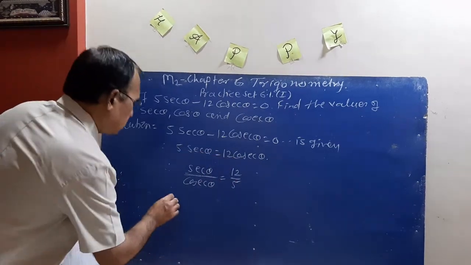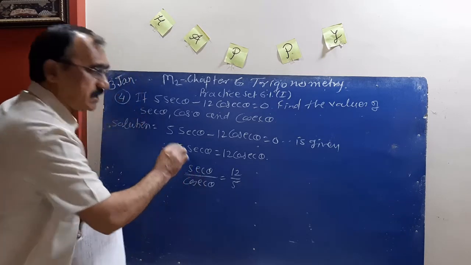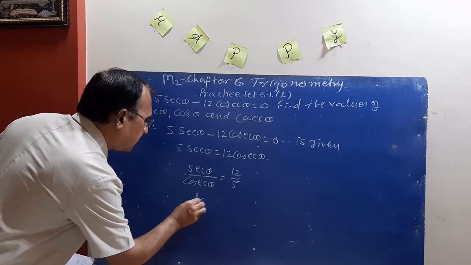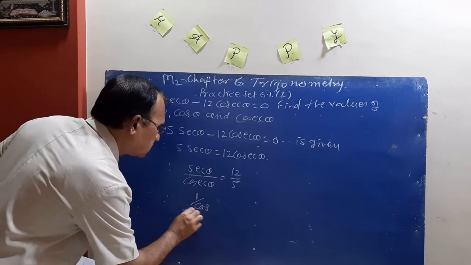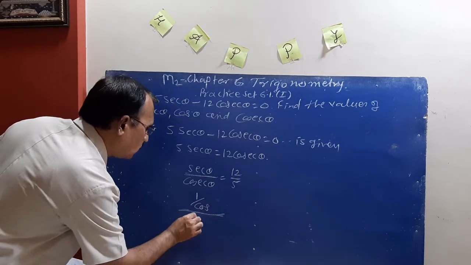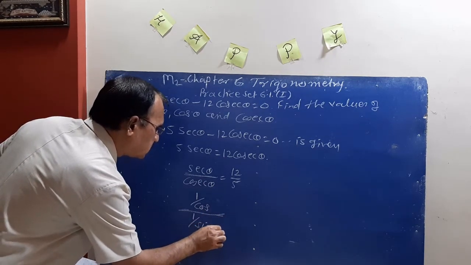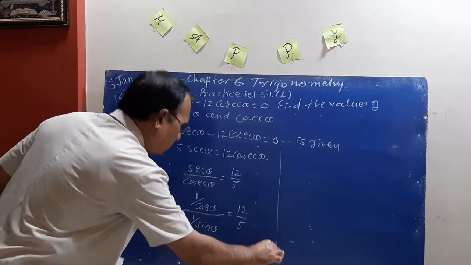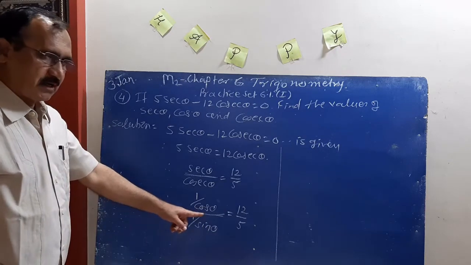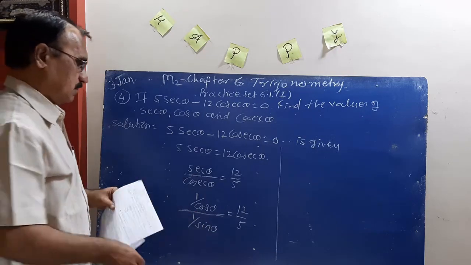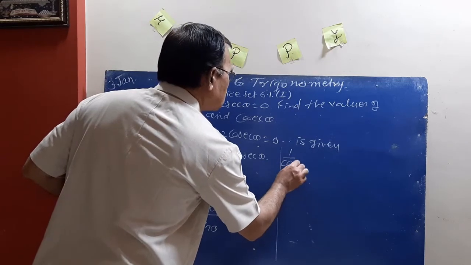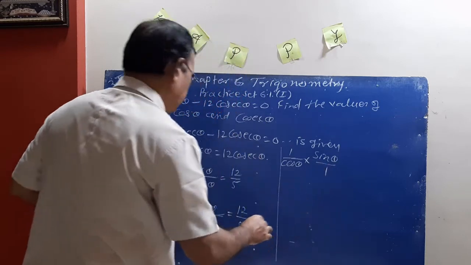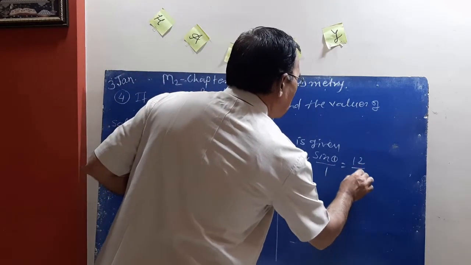Now here sec is the reciprocal of cos, so instead of sec we can write 1 upon cos theta, divided by, instead of cosec we can write 1 upon sin theta, is equal to 12 upon 5. Now convert this division into multiplication: 1 upon cos theta into sin theta upon 1 is equal to 12 upon 5.